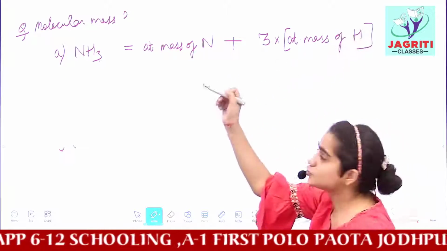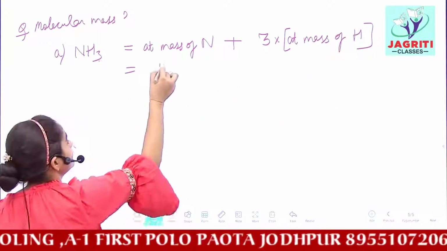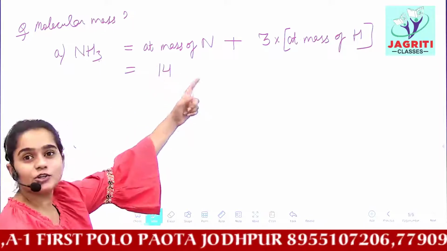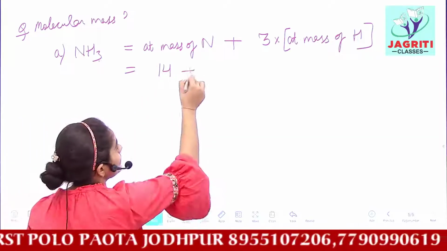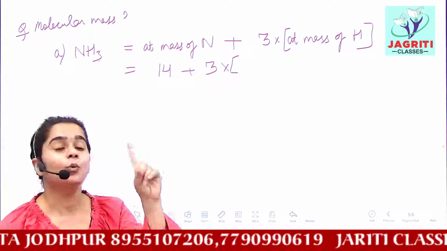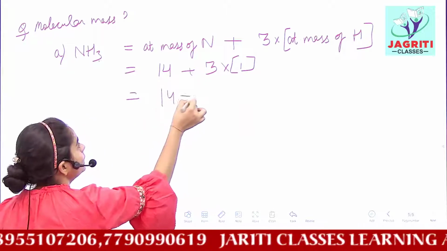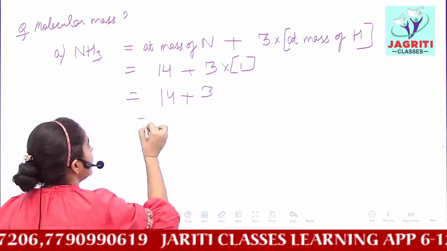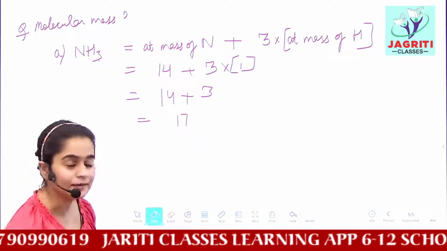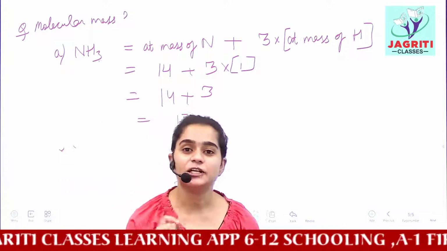On solving this, the atomic mass of nitrogen is 14. So we can write 14 plus 3 multiplied by the atomic mass of hydrogen, which is 1. 3 into 1 is 3, and the total mass we get is 17. You can write 17U. We discussed earlier that atomic mass is measured in a unit.